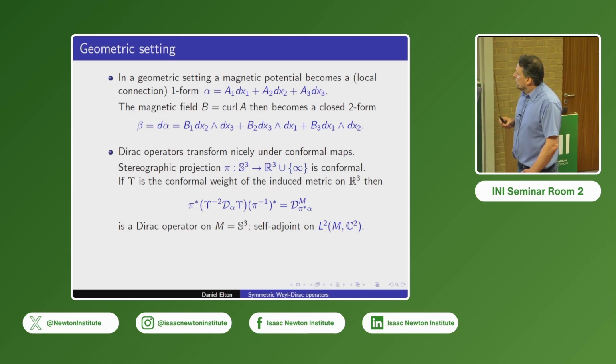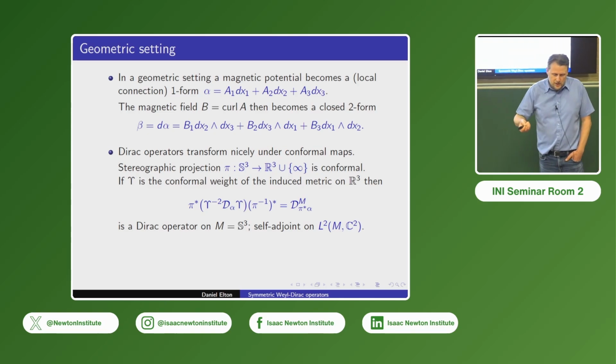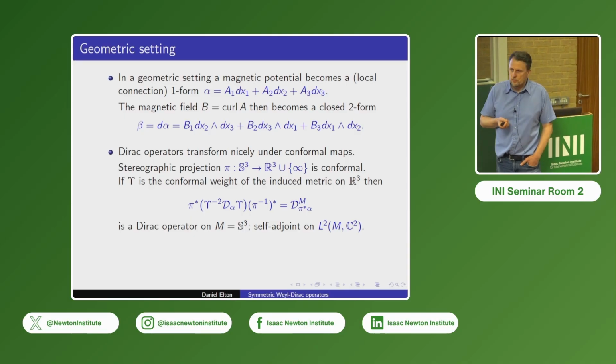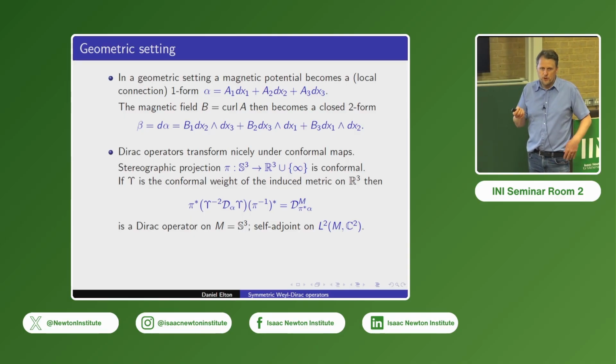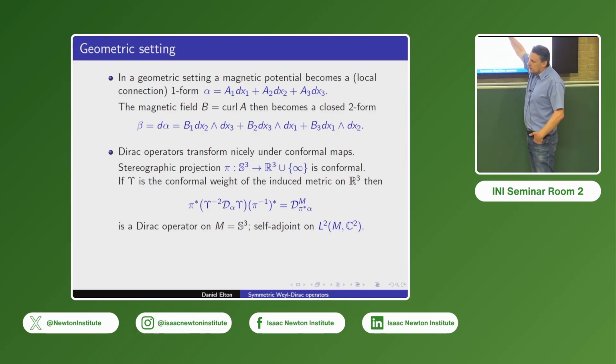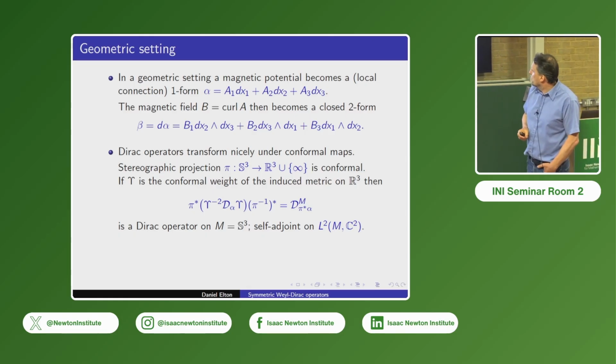But what makes this problem quite nice, moving to the geometric setting even in R3, is that Dirac operators behave very nicely under conformal transformations. And there's a very nice conformal transformation from R3 to the three-sphere: stereographic projection. So that's our pi here. Technically you need to include a point at infinity for R3. It's the North Pole if you take standard stereographic projection.